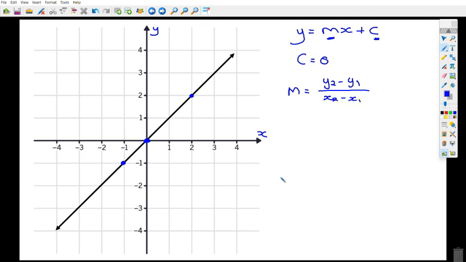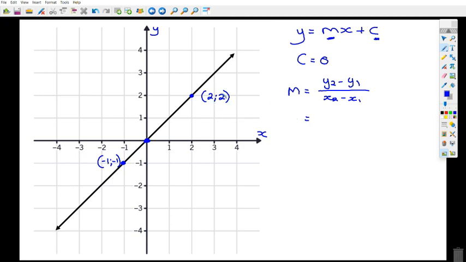All right, so let's say that this point over here was 2 and 2, so my x value is 2, my y value is 2, and over here my x value is minus 1, my y value is minus 1. If I substitute those 2 points into the equation for my gradient, let's see what happens.